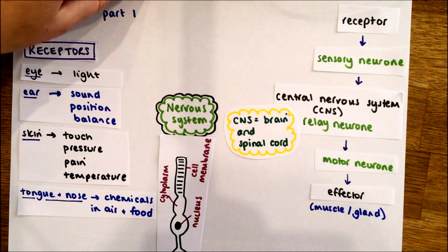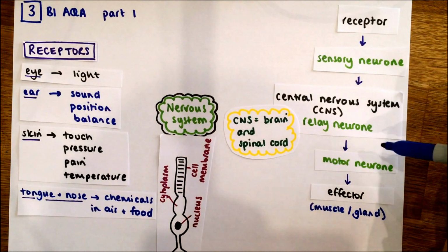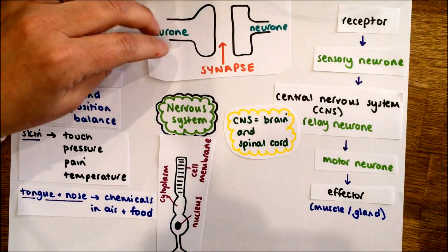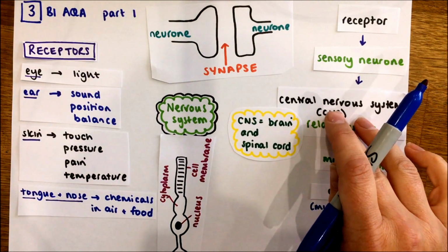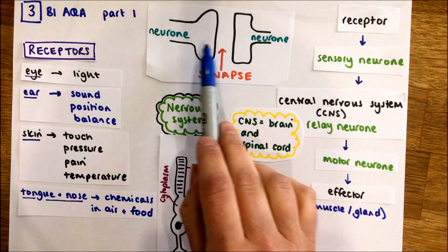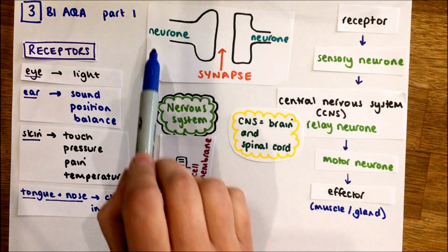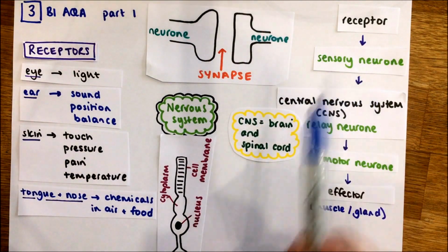So we can see there's a number of different neurons here, and these neurons, so sensory to a relay, relay to a motor, have gaps in between them, and that gap is called a synapse, okay? And you need to be aware, the synapse is the gap in between the two neurons. So the information passes down this neuron here, which could be a sensory neuron, okay?